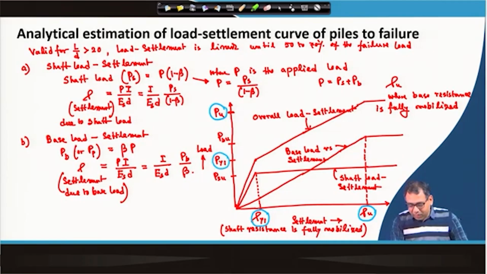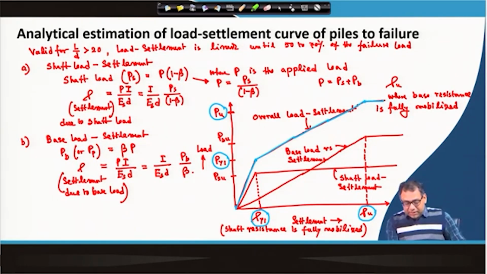If I know these 4 values and I know the relationship is linear, then I can perfectly draw this overall load versus settlement curve, because if I know the settlement at this point, then we can locate this point, and if I know this settlement and this overall load, then I can locate this point. Then I will just join these points, one from 0 to this point, another from this point to this point, and then the next one will be a straight line. So, then I will get the overall curve.